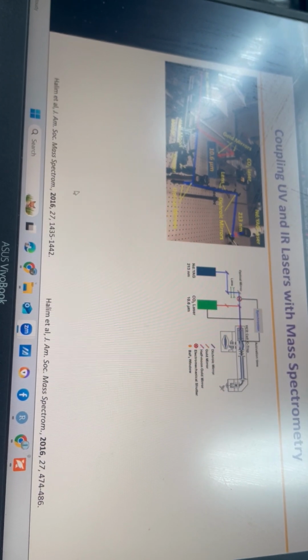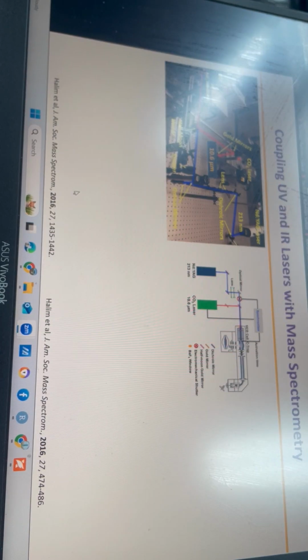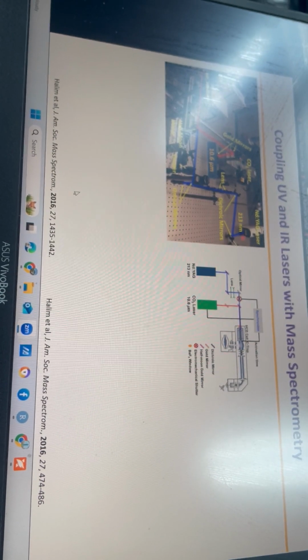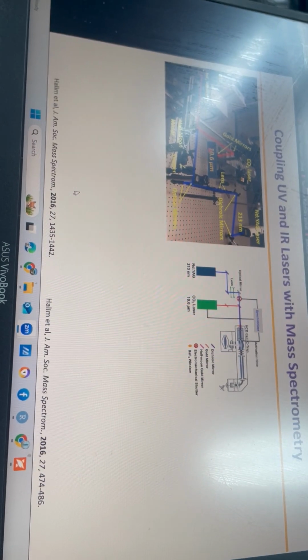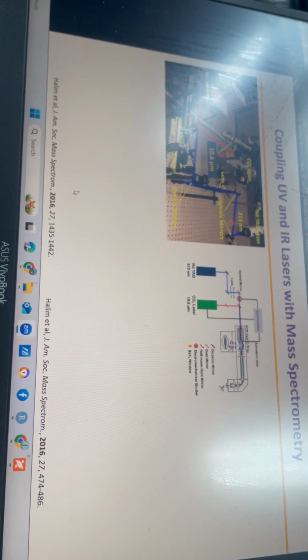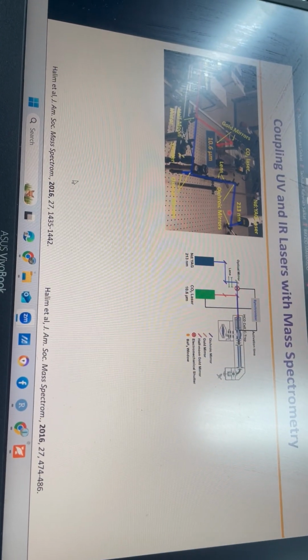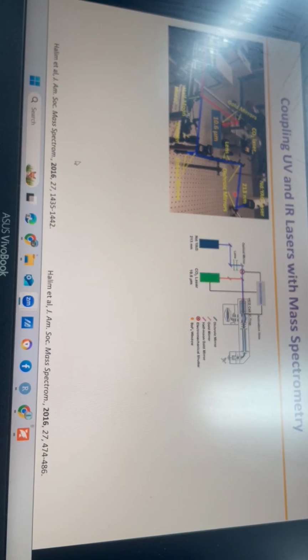We also used a CO2 laser or IR laser, which gives a 10.6 micron wavelength, very low energy, while UV is a very high energy photon. UV light can break down the carbon-carbon bond inside the protein, and the IR laser can break down the carbon-nitrogen bonds inside the protein.